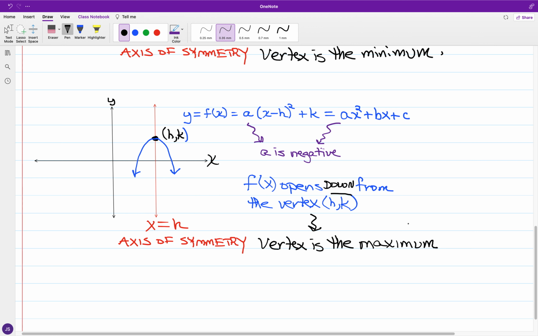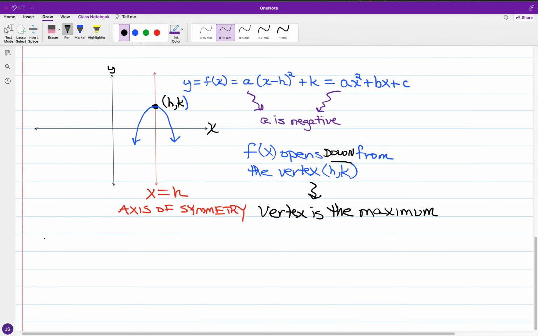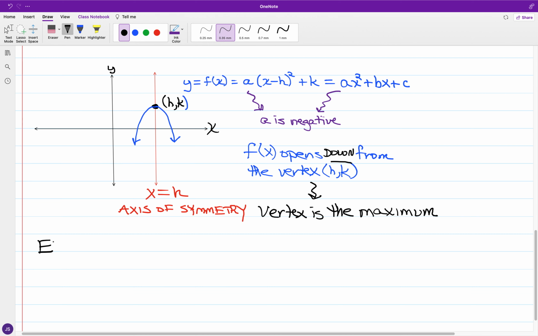Now, looking at a specific case of the quadratic function, say we have here, given y is equal to f of x is equal to the quantity of x minus 2 squared plus 5.